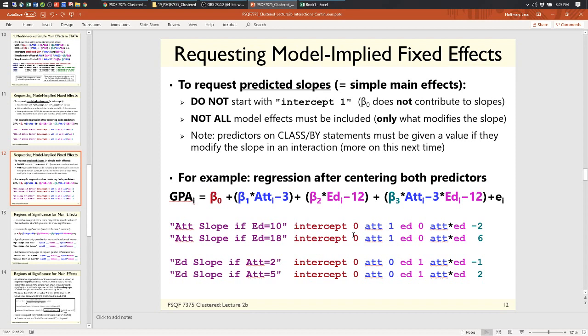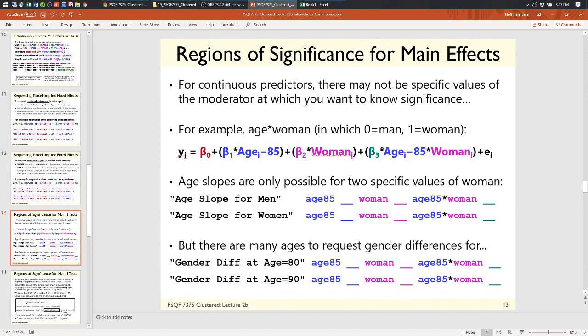What people would typically do is calculate what plus or minus 1 standard deviation would be in the other variable and plug those values in. Then you get the slope at the moderator at 0, the slope at plus 1 and the slope at minus 1, and you make a picture with those. But the plus 1 and minus 1 is an arbitrary choice. You're just trying to show the range of how the slope changes as a function of the interaction term. But that actually sets up this next slide very nicely.